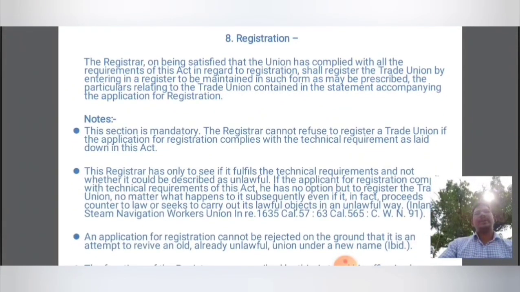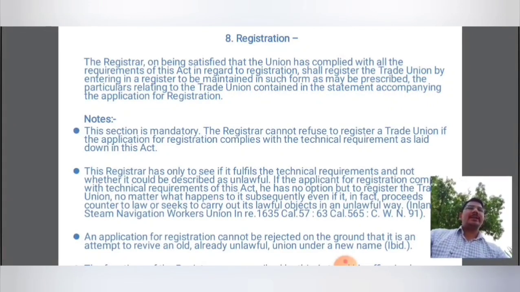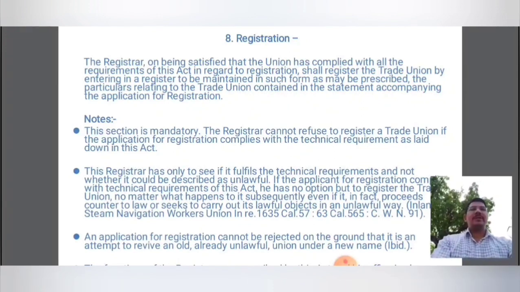Now, let's say under registration, the registrar is satisfied that the union has complied with all requirements of the act in regard to the registration. Then we need to understand exactly what is happening and how it is registered.